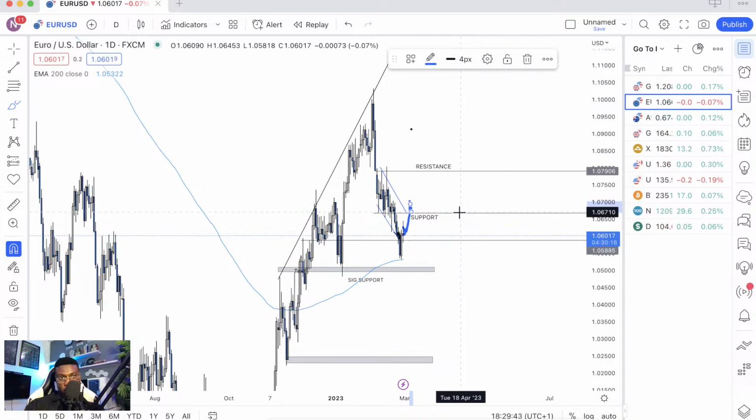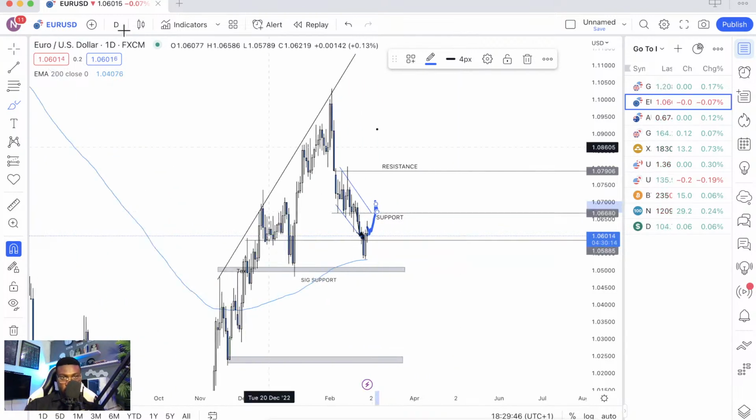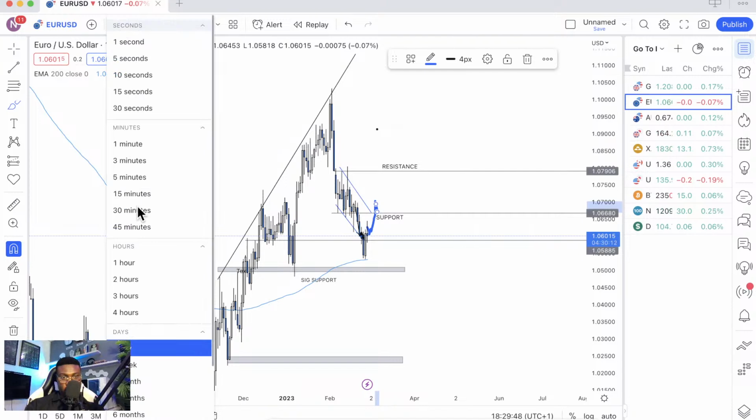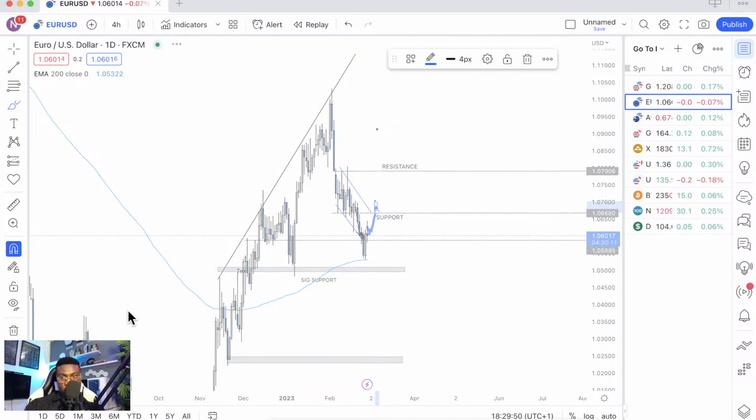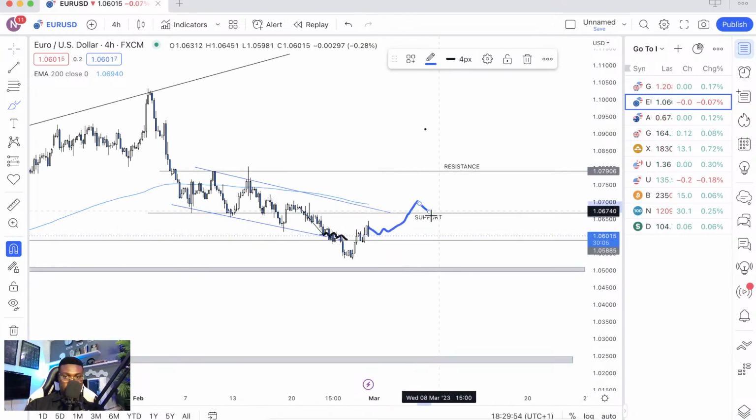So there's still a potential buy opportunity on Euro USD, but remember, we need to break out of the 1.066 levels, right? We need to break out of these levels, and then I can decide to start looking for buy opportunities on the euro dollar, right?